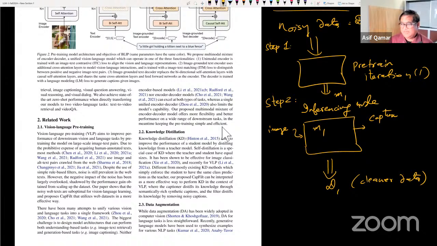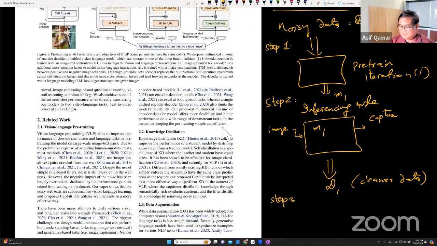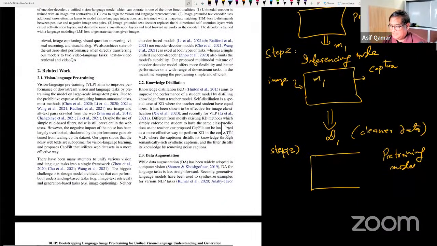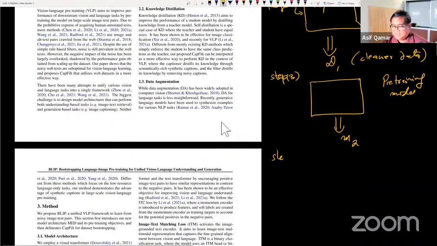Now what can you do? Step 3. You go back into the pre-training mode, the training mode, and feed it into this. And then you get M2. Then again, you can go into the inferencing mode. You give it the data.